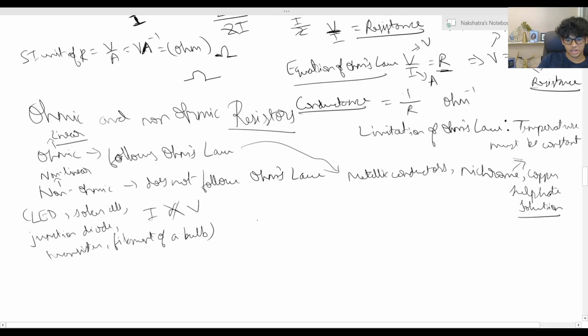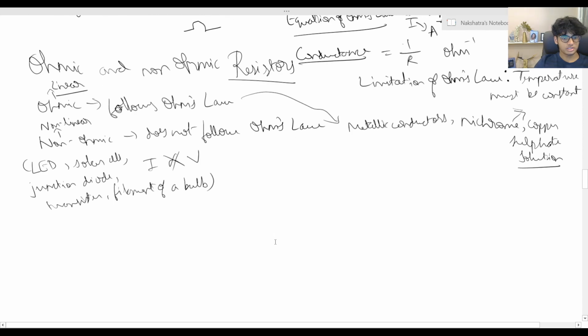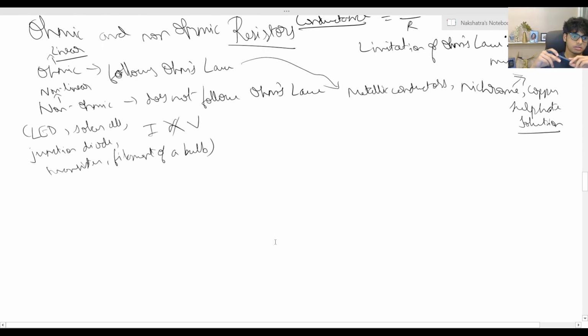So why do we say that ohmic resistors are linear whereas non-ohmic resistors are non-linear? We do this by creating a graph, okay. In this graph I will say that the y-axis is voltage and the x-axis is current.